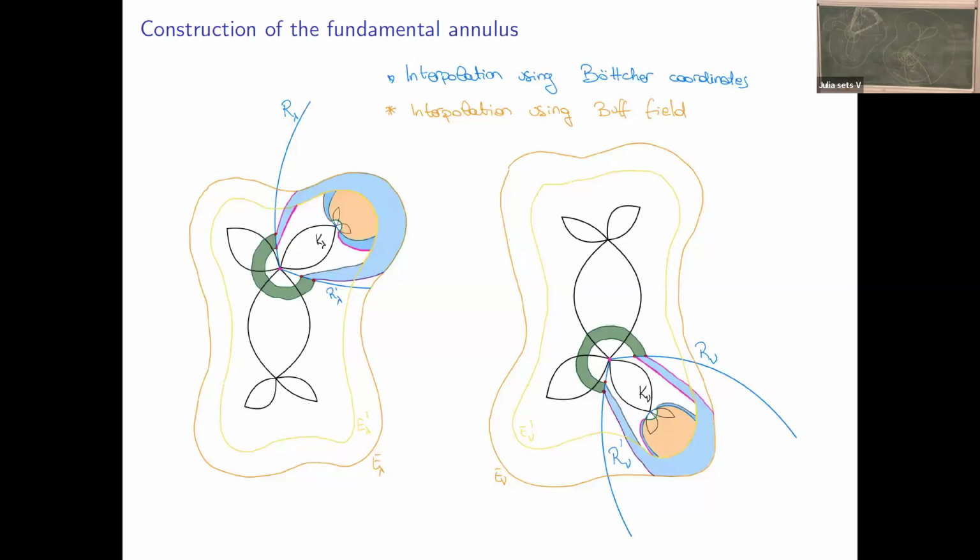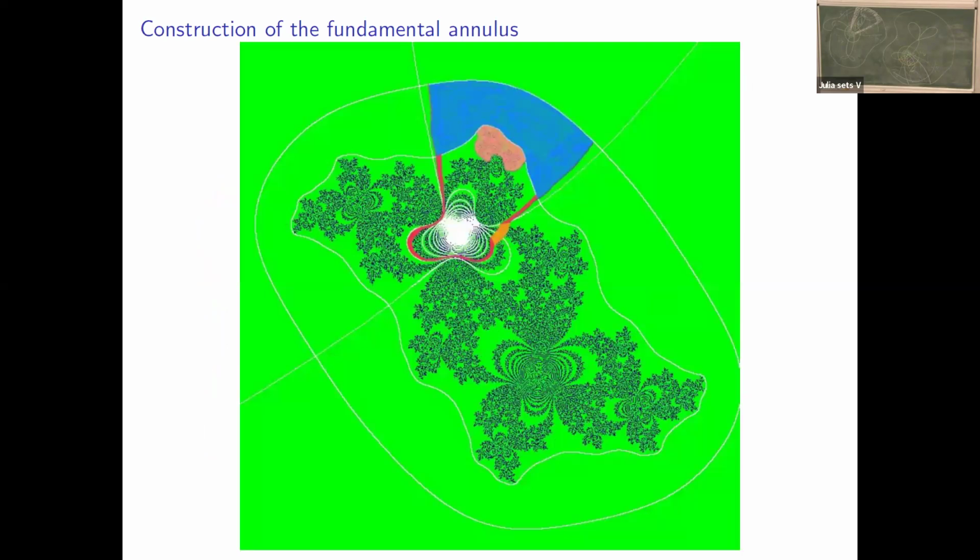Why? Because the real picture is this one. Here I have, this is the pre-image of all this part. And here the Q cycle enters to the alpha fixed point, and then it's a mess. And then you have to deal with parabolic implosion. And I will just tell you, trust me, you can do it.